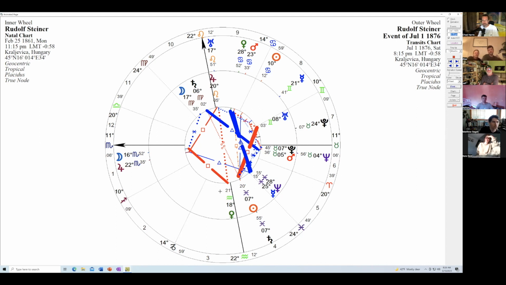And basically, what seems to be happening is we're always in a participatory relationship with the natal chart. And as the planets continue to move through the course of our life, it's a co-creative relationship, both with the natal chart and with the movements of the planets.